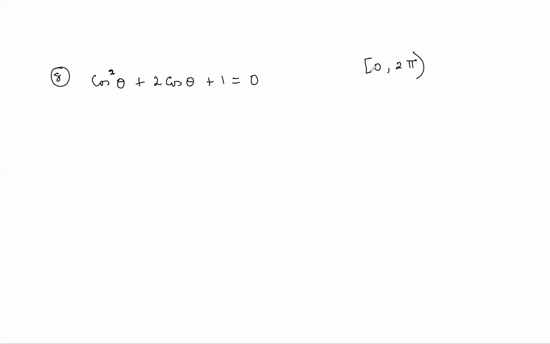The first step, I factor. In this case, equals 0. You got cosine, cosine. If you multiply the two, you got cosine squared. The first sign is positive, and the second sign will be positive also, 1 and 1.